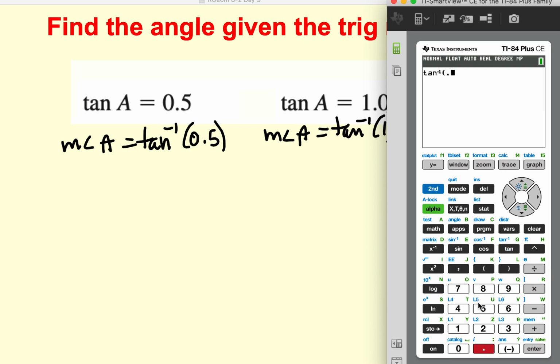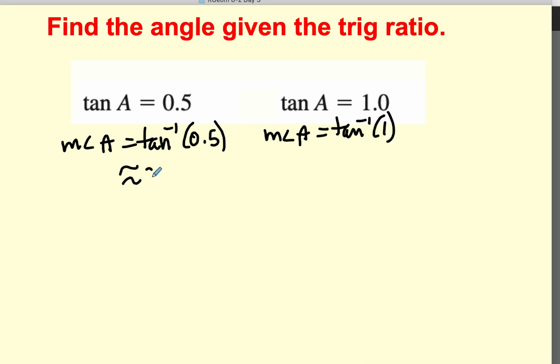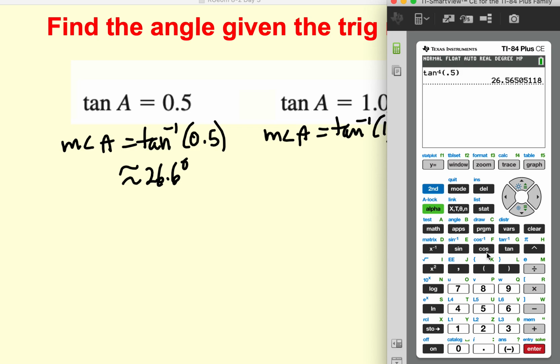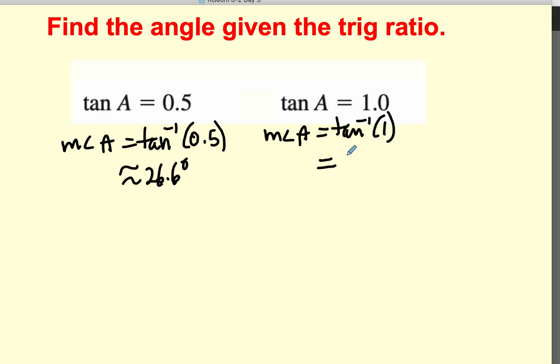I'm going to put a 0.5 in there, and that angle is 26.6 degrees. So this is approximately 26.6 degrees. Now let's do the next one, which is second tan inverse, and that'll be 1. I'm putting the number 1 in, and I'm getting the answer not approximately, but exactly equal to 45 degrees.